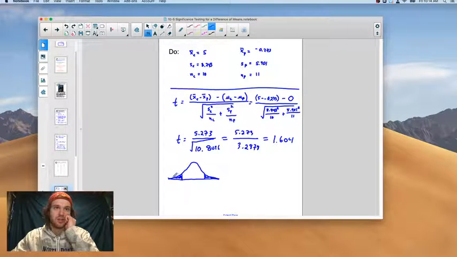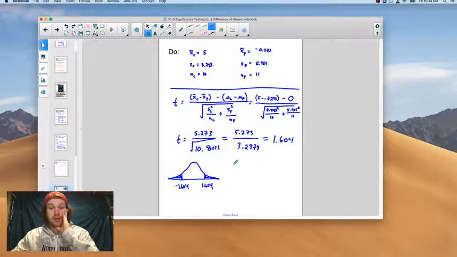Since we're doing a two-tailed test, we know we have 1.604 here and negative 1.604 there. So we are looking to the right and to the left to get our p-value.